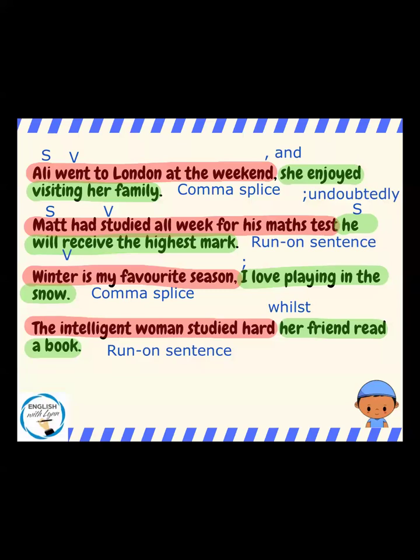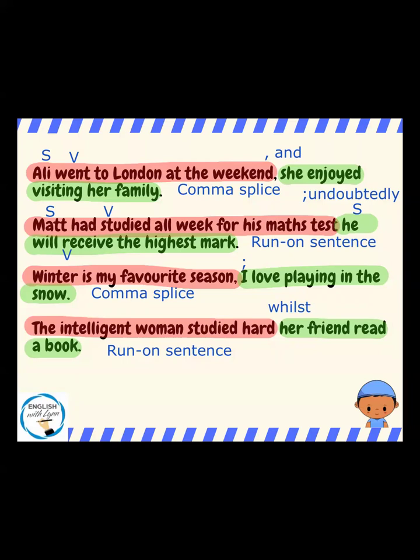Okay, so in this bit we have spotted comma splices, we've spotted the run-on sentences, we have identified the main clauses, and we have split them so that they are no longer grammatically incorrect. Because if you are writing sentences that run on or that have commas to link main clauses, grammatically it isn't correct.